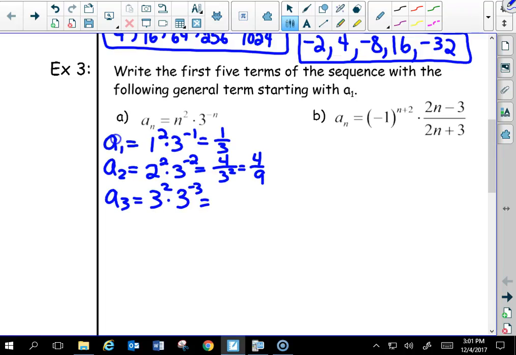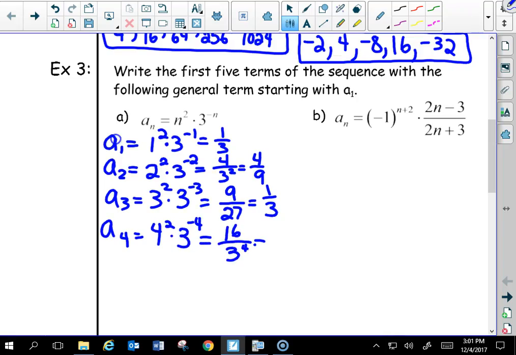All right, this one gets kind of interesting. 3 squared is in the numerator, 3 to the 3rd is in the denominator, and that 9 goes into 27 3 times. That'll reduce. So that gives me 16 over 3 to the 4th, which I would prefer to calculate out. 3 to the 4th is 81.